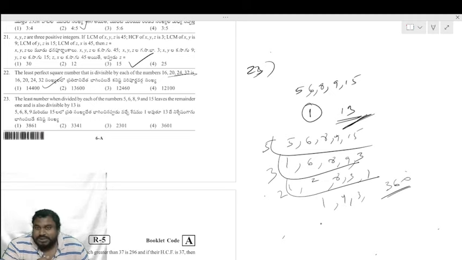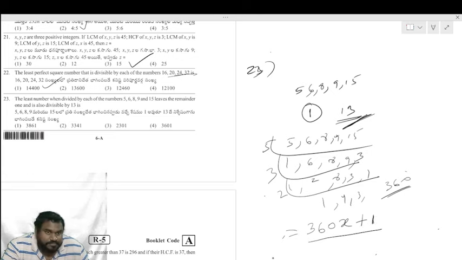So that number should be divisible by 360. It means 360 into some x. And what should be the remainder? The remainder is 1. So that number will be in this form: 360x plus 1.